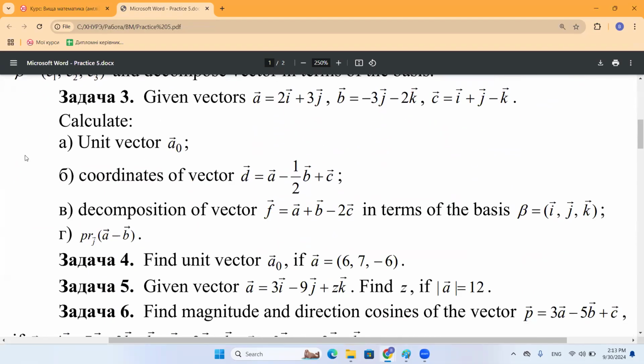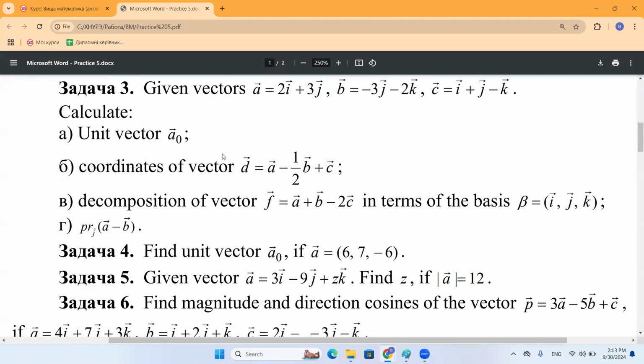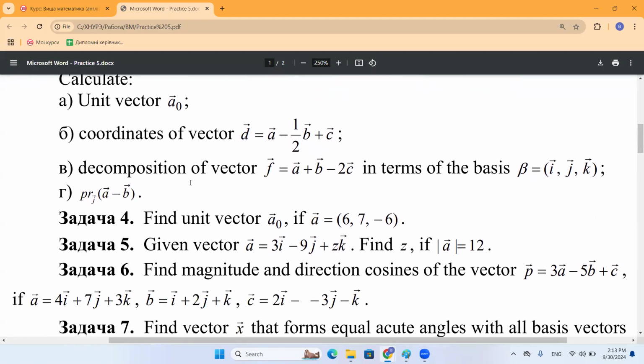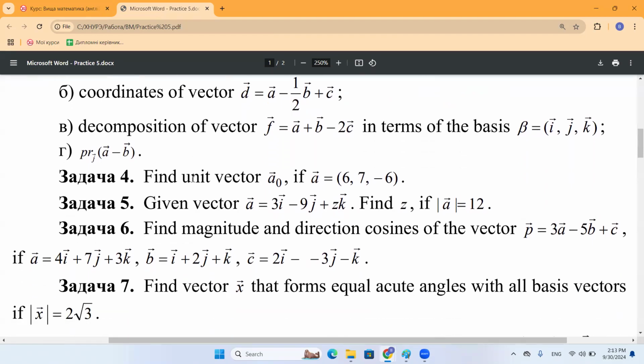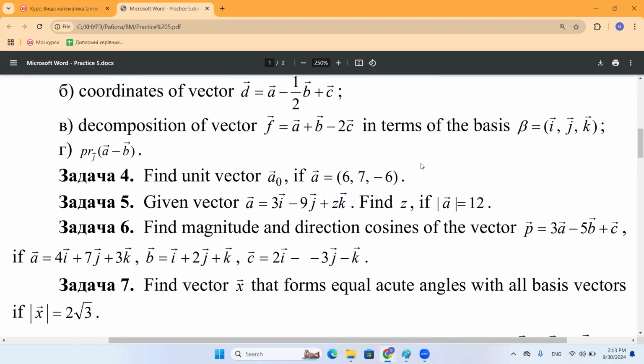Okay, so let's move on. Task 3 is almost the same as task 1. Exercise 4, find a unit vector. Okay, so nothing new. Exercise 5, okay, let's solve it.